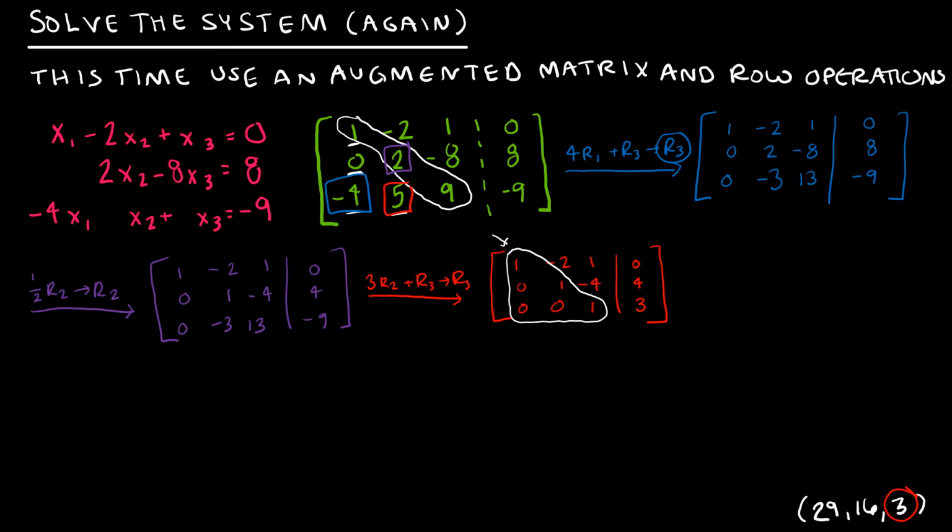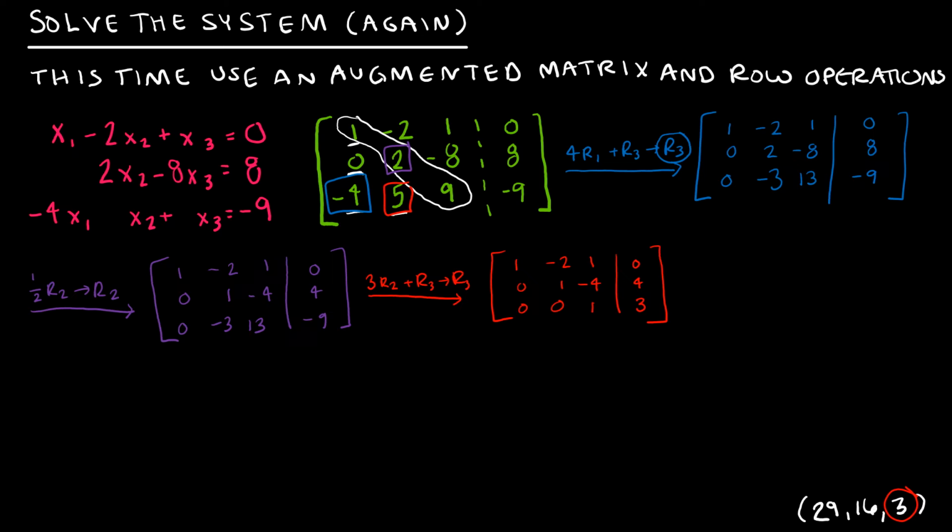We just have the 0s where the 0s are supposed to be, and the 1s we can deal with later. This is actually Gaussian elimination, and going on to the next step, making all of these 0s, is Gauss-Jordan. But it doesn't matter what you call it because it's still the same thing.